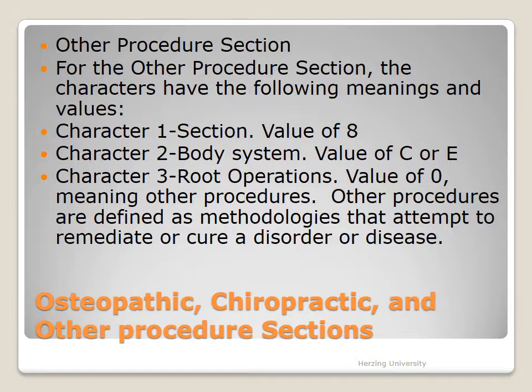Character 3, the root operations, has a value of 0, meaning other procedures. Other procedures are defined as methodologies that attempt to remediate or cure a disease or a disorder.